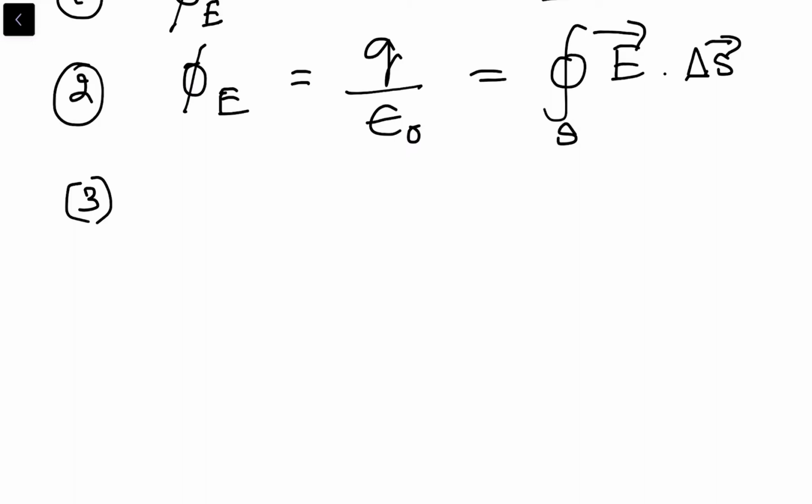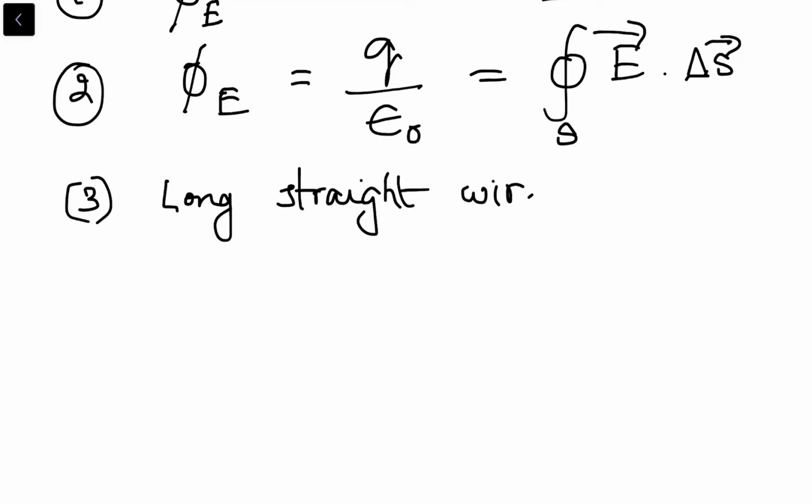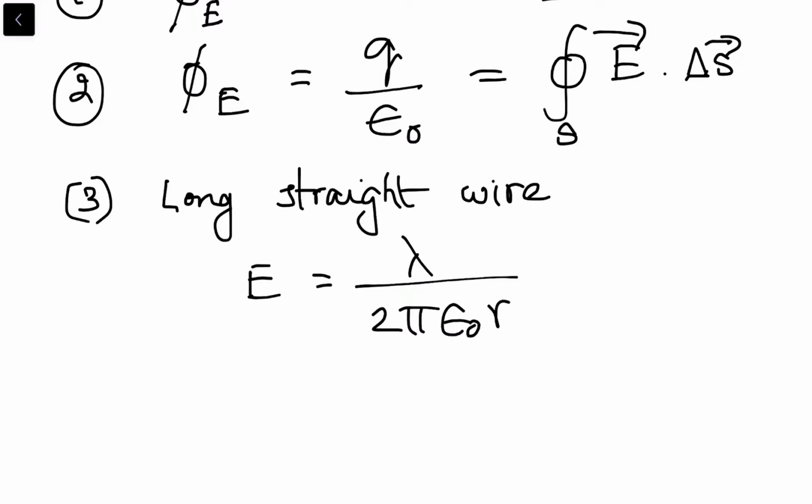That is the field due to a long straight wire: E is equal to lambda divided by 2 pi epsilon naught r, where lambda is the linear charge density, that is charge per unit length.